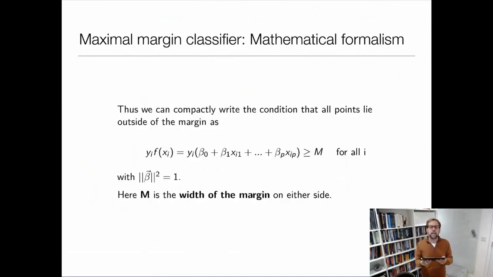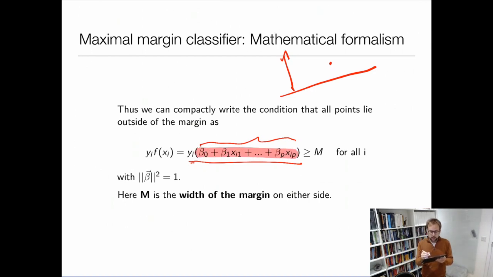All we see is that this relationship is nothing else but the projected length of this difference. How far away is the point? If I have the plane here, a point here, and this is the normal vector, then this thing is nothing else but the distance of the point away from the plane.